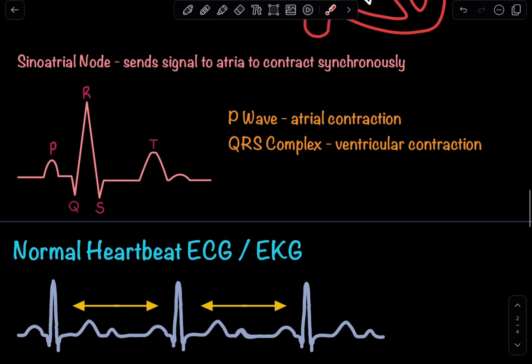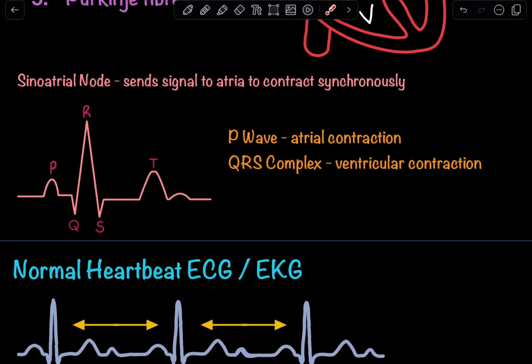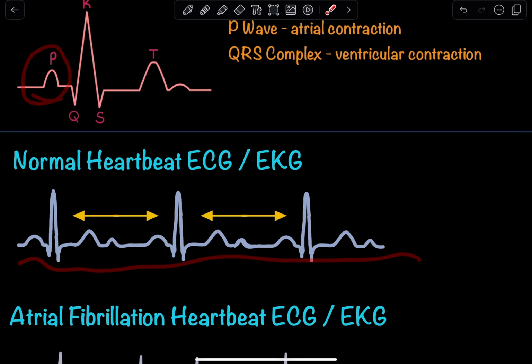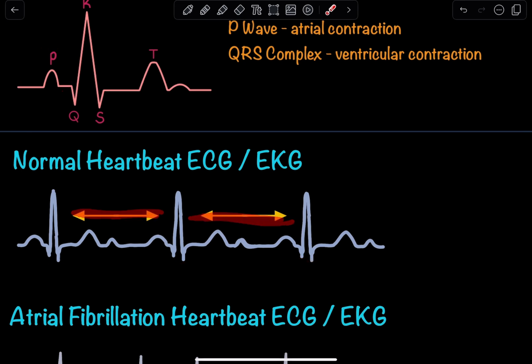Now, if we look at a normal EKG, the P wave denotes the atrial contraction, whereas the QRS complex denotes the ventricular contraction. And this is what it normally looks like. We can see that there is a distinct P wave, and if we look at a longer version, we can see that the QRS complex is regularly spaced.